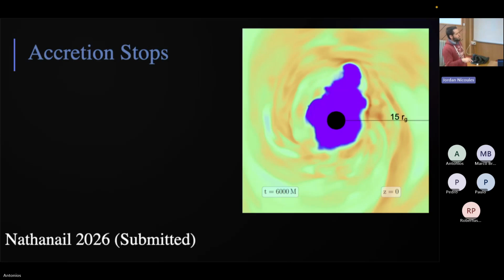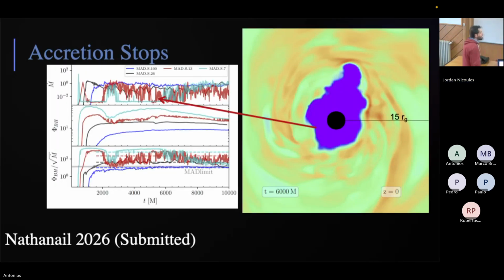So you have this accretion around the black hole, but you have such a strong magnetized funnel, such a strong magnetized wall, that accretion cannot pass through this wall. This is the equatorial plane, a slice of the equatorial plane. Okay, and you see that all this region is magnetized, and the magnetic field is fighting with the plasma. The plasma is trying to pass through, but it cannot for some time.